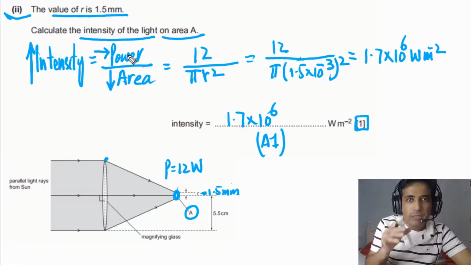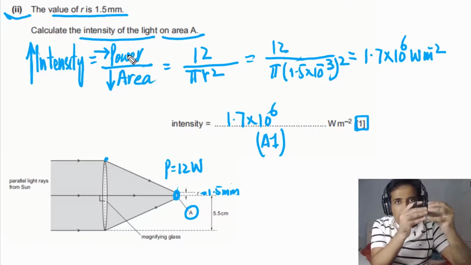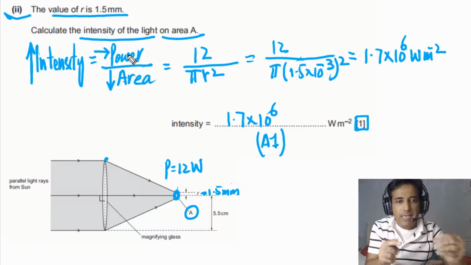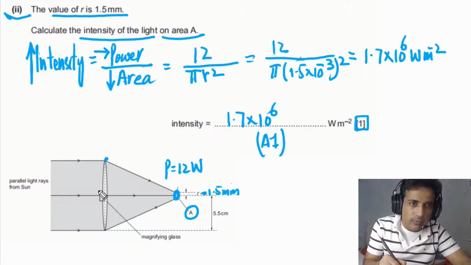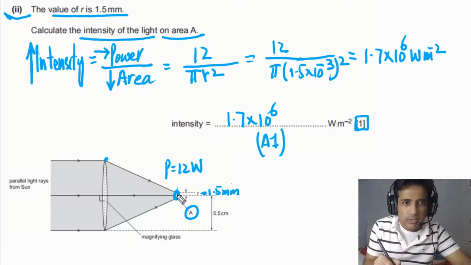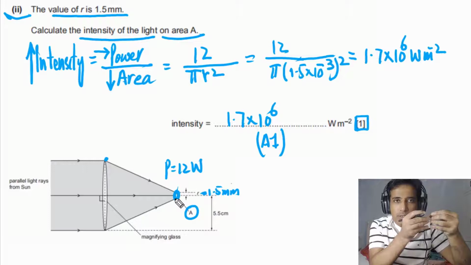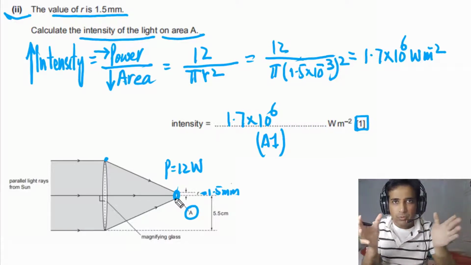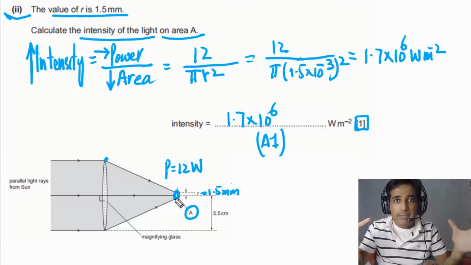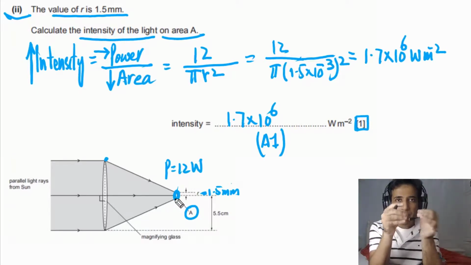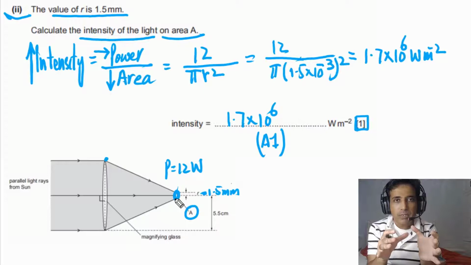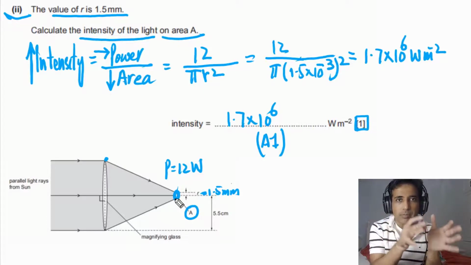Even though power is the same, meaning the same amount of energy per second is reaching this magnifying glass and also reaching this smaller area, here intensity is greater because the area is smaller. So the intensity depends on area. If you reduce the area, intensity will increase. If you increase the area for the same power of light, intensity will decrease. Very important concept. You need to understand intensity depends on area.